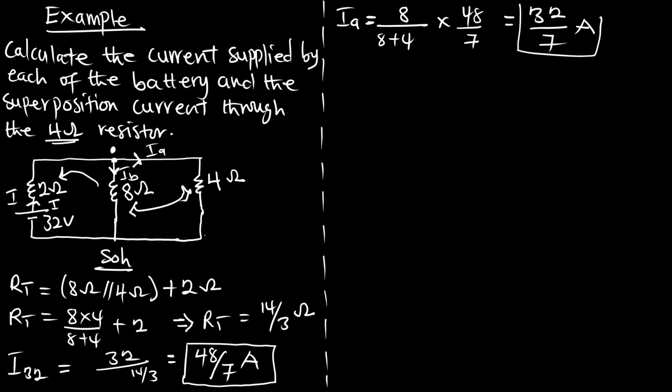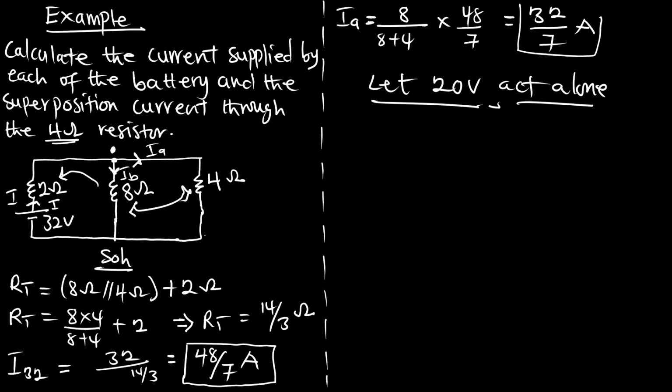Now let's look at when the 20 volt is acting alone. How is the diagram going to be like? Now let the 20 volt act alone, meaning we are going to get our diagram this way. The voltage at the 2 ohm is going to be short circuited, and we are going to get this diagram.